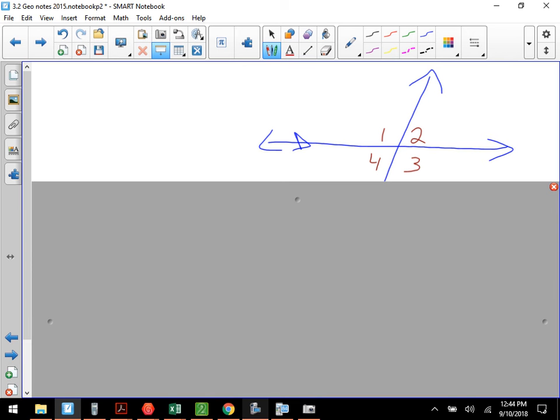Those are all linear pairs. They're supplementary. That means they add up to equal how much? 180. Same thing goes for when we talk about this. 1 and 3 would have been congruent because they're vertical. 2 and 4 would be congruent because they are vertical. That goes back to the definitions of things we were looking at last chapter.